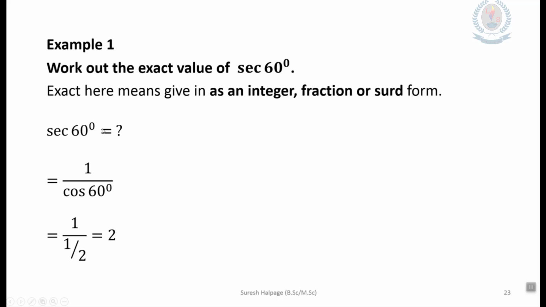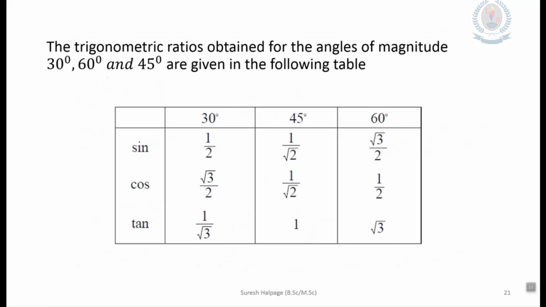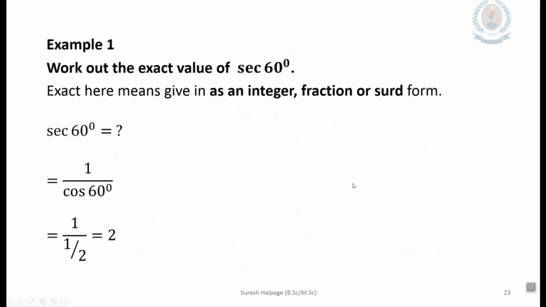Sec 60 degrees is 1 divided by cos 60 degrees. You can use the previous table to find that cos 60 is half. So you can put that value, cos 60 equal to half, and the answer is 2.